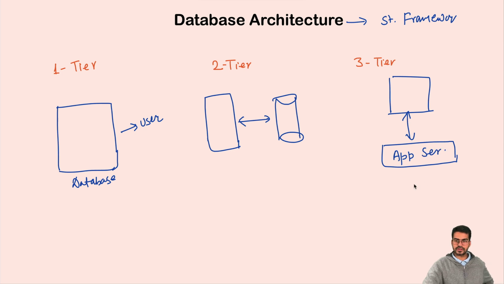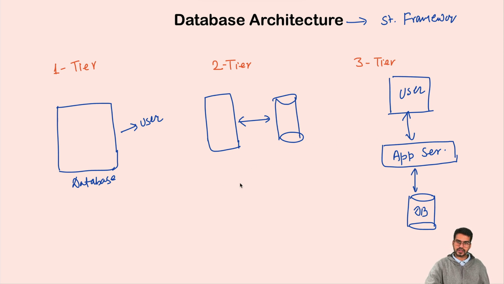And then the application server connects to the database for data whenever required. So this is 3-tier architecture. This is the user or browser, this is the web server or app server, where all the business logic is hosted, and then this is the DB, the database server.